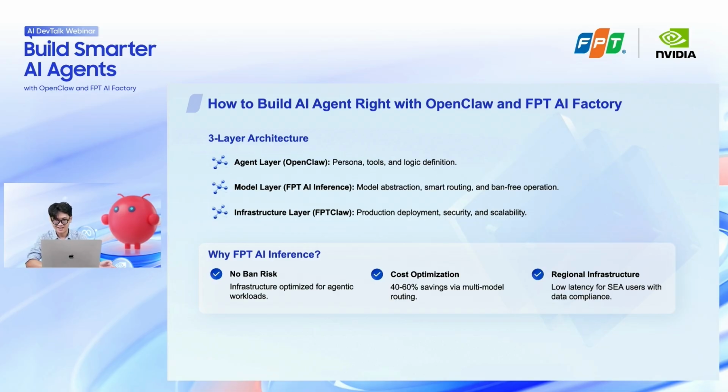So why is FPT AI inference the right brain layer for OpenClaw? There are three reasons, and we go hands-on. The first one, we don't ban you for being an agent. FPT AI inference is built for agentic workloads. We know that a 5-tool workflow means 5 model calls in 10 seconds.